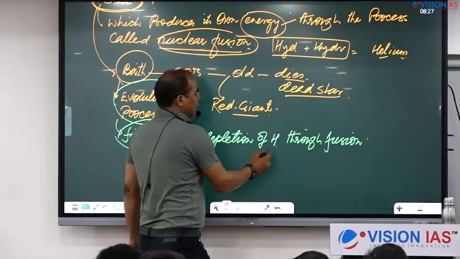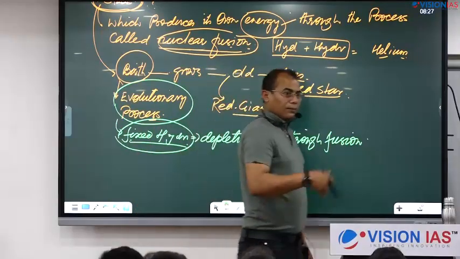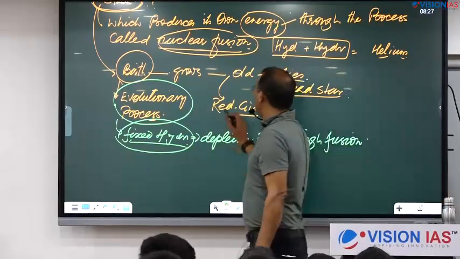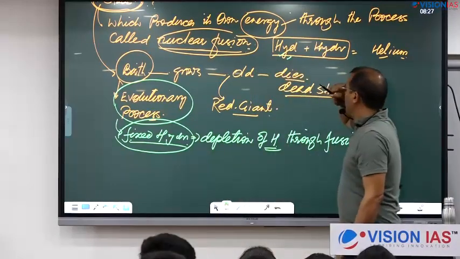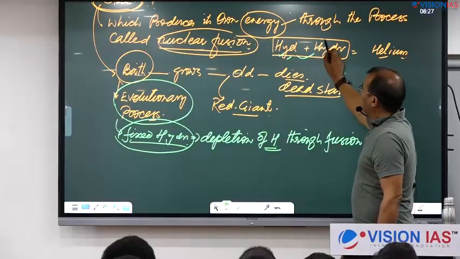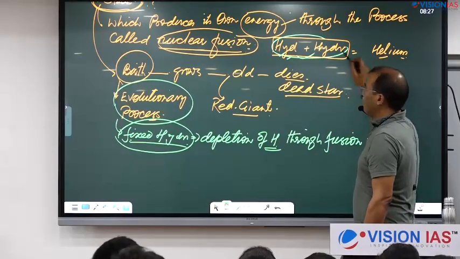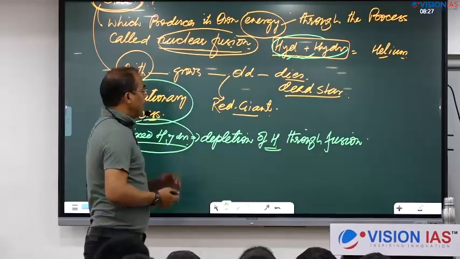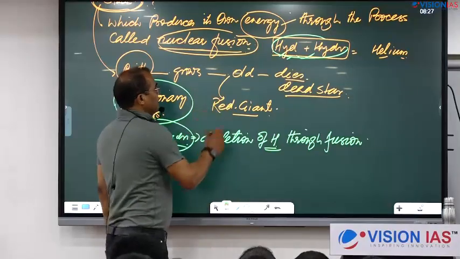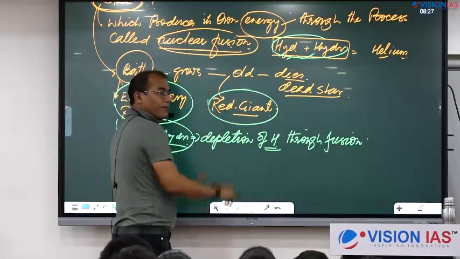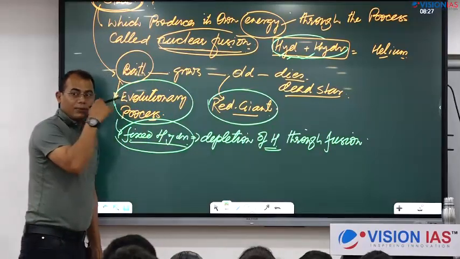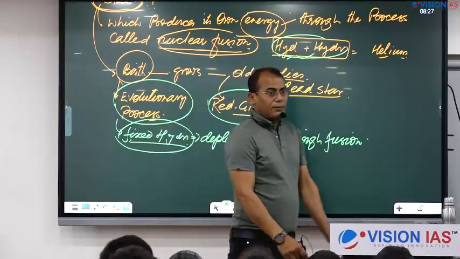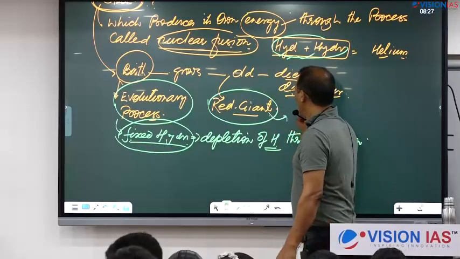Just like we are bleeding or our cells are deteriorating with age. So with the stars, hydrogen is depleting through this process. So there is a continuity of this process, and a regular formation of helium leads to depletion of hydrogen. Right? And that's why after a point of time, it is left with very little hydrogen. And then the star is considered old, and they are called red giant. Right? Giant means bigger size.